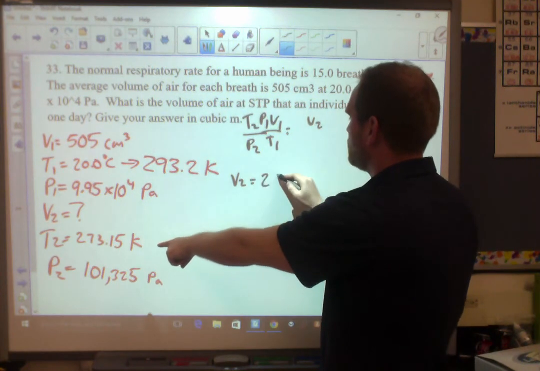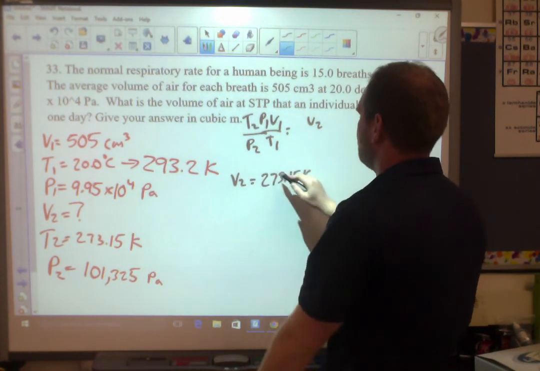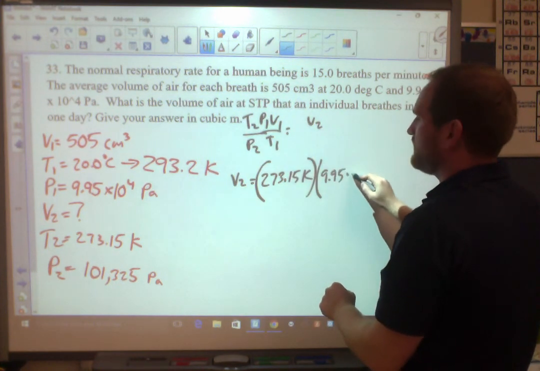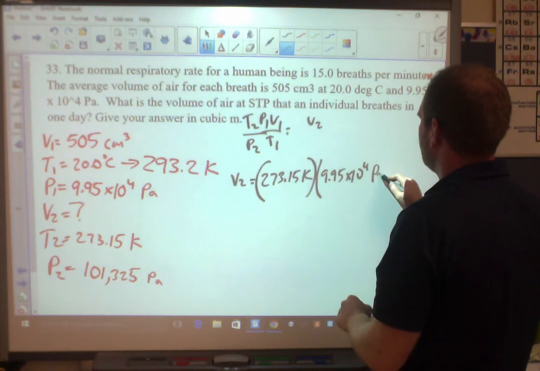T2 is 273.15 Kelvin. P1 is 9.95 times 10 to the fourth pascals.